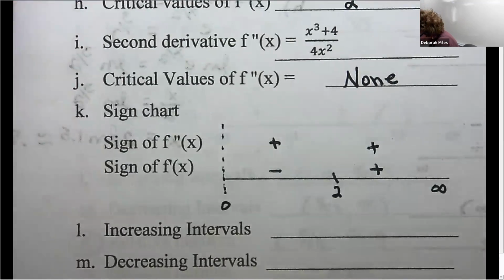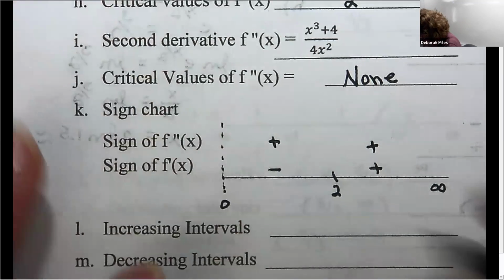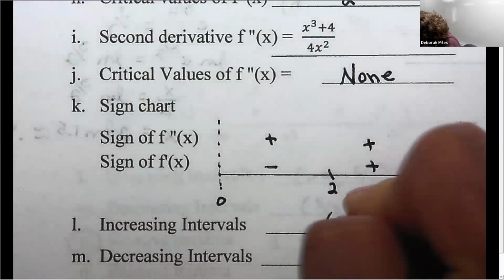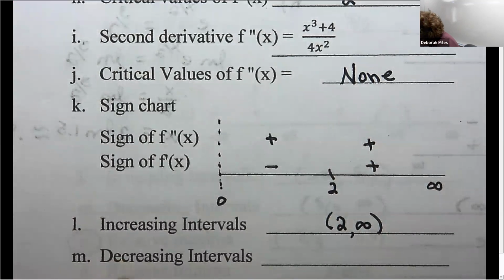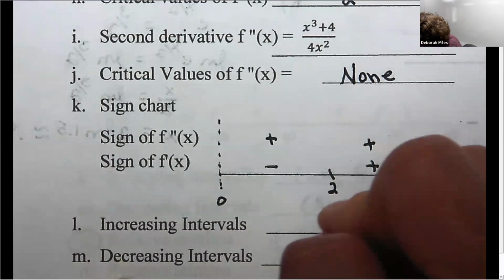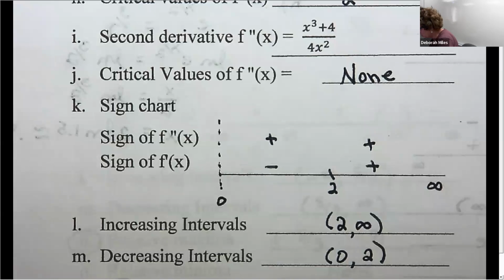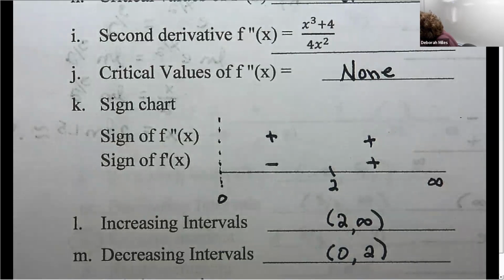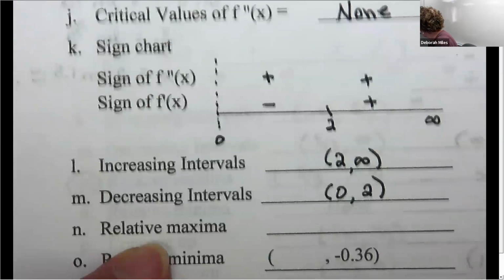So what are my increasing intervals? Wherever the first derivative is positive. Decreasing intervals. 0 to 2, can't include 0, won't include 2. What about relative maximum? What am I looking for on the sign chart?